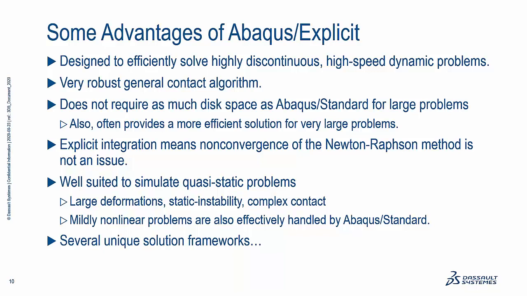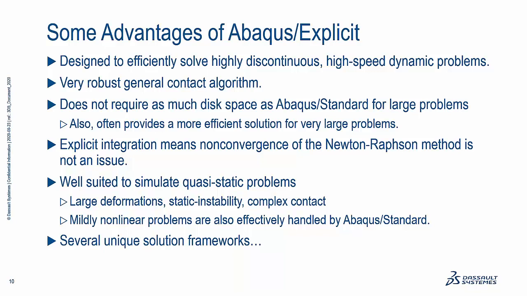You're getting very large deformations. There's very complex contact interactions. These problems are very well suited using Abaqus Explicit, so long as we do some things like maybe artificially speed up the loading rate or artificially mass scale so that we maintain a reasonable length of time for solution while maintaining our static nature of our problem.